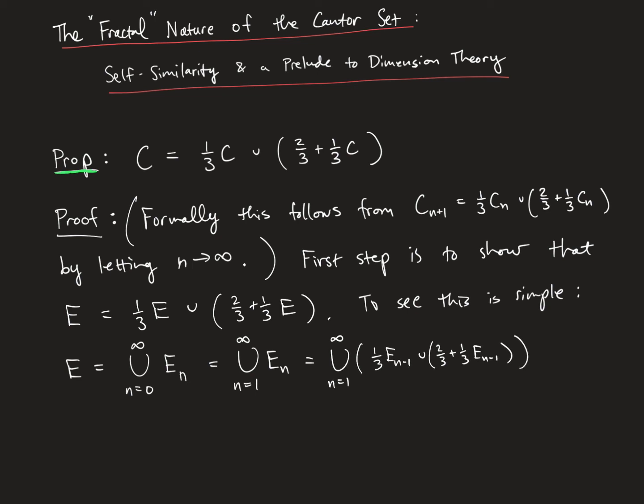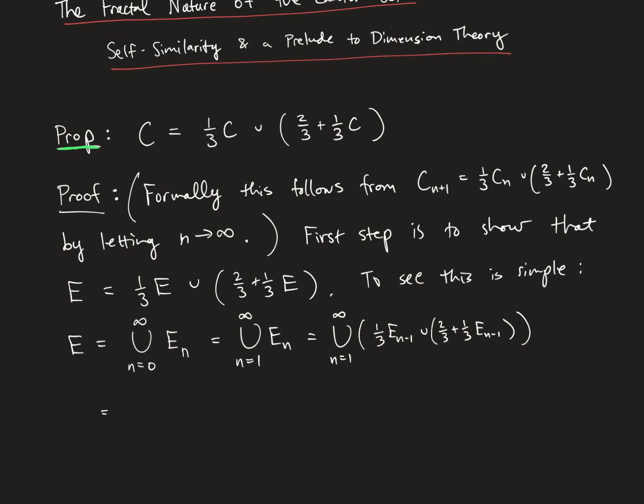And then if we shift the index down in the union, that'll shift it back up, so we don't have the n minus 1's inside there.